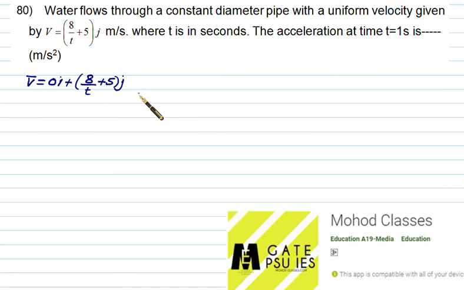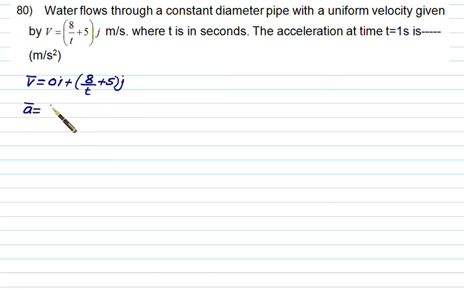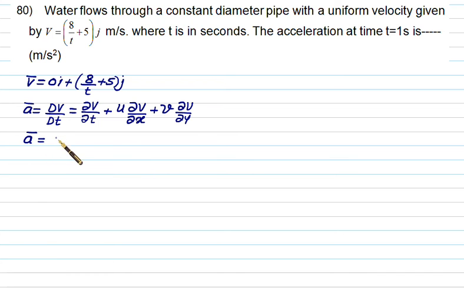The w component is 0. So the total acceleration this time is given as dV by dt, which equals the partial derivative of v with respect to t plus u into del v by del x plus v into del v by del y. The third component is 0. So we have acceleration equal to del t of the velocity component.